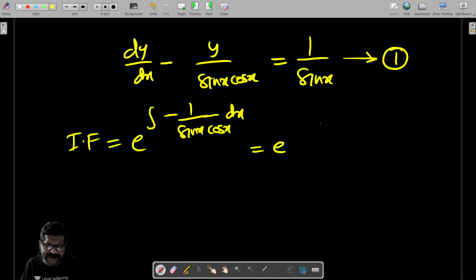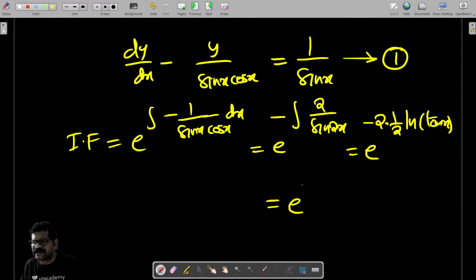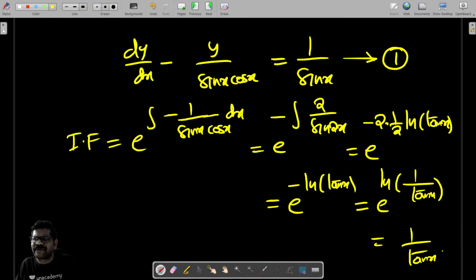This can be written as e power minus integral 2 by sin 2x, that is e power minus 2 into 1 by 2 log tan x, that is e power minus log tan x, that is e power log tan x power minus 1, that is 1 by tan x. Integrating factor is 1 by tan x.